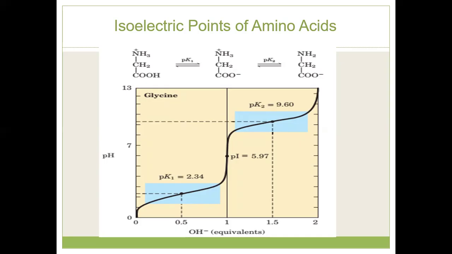equal to the pKa. That is a pH where a weak acid has its own buffering capacity, where you have an equal concentration of the weak acid and the conjugate base.